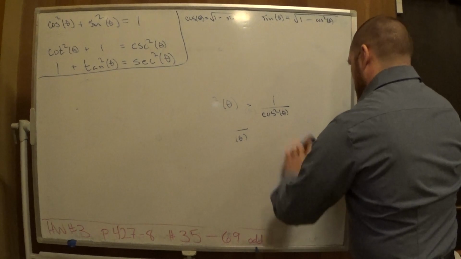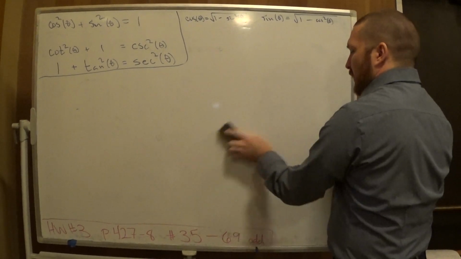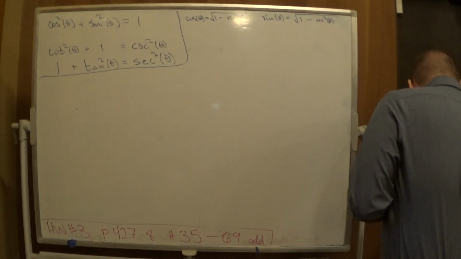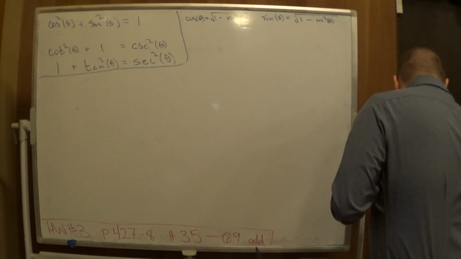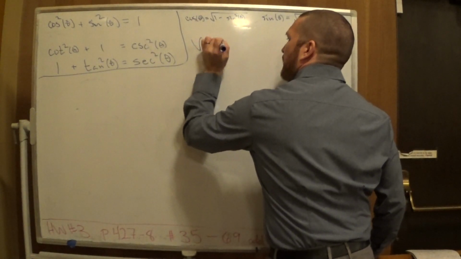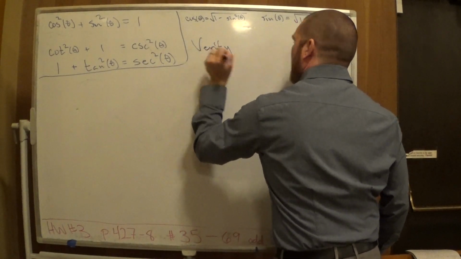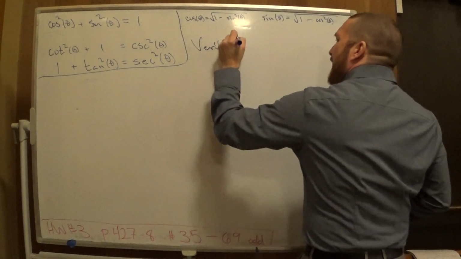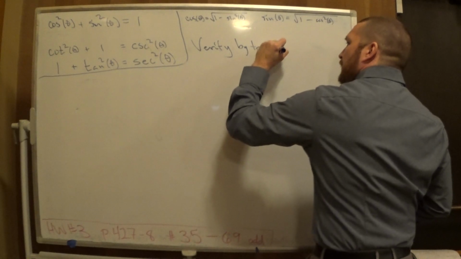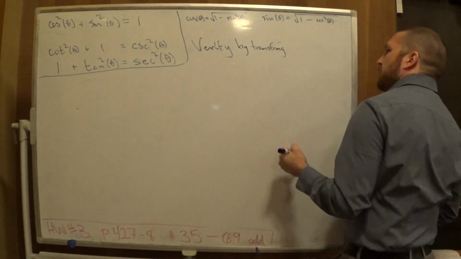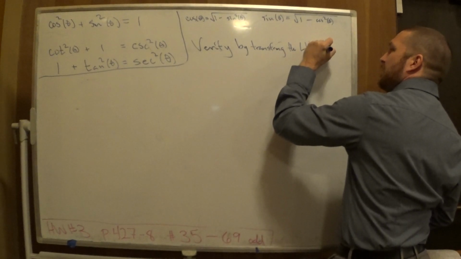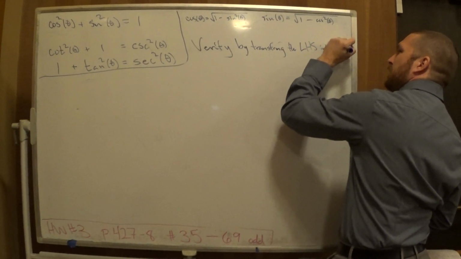Okay, from now on in this class, we're going to call the types of problems we're about to do identities. And you are to verify, this is what it's going to say, verify by transforming the left-hand side into the right-hand side.